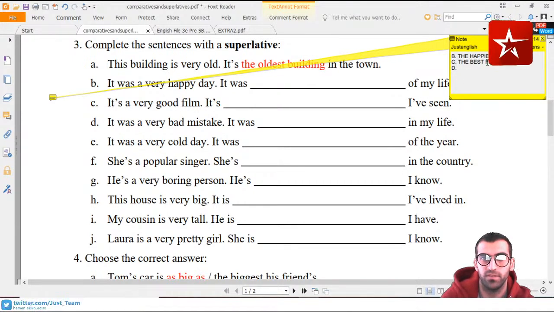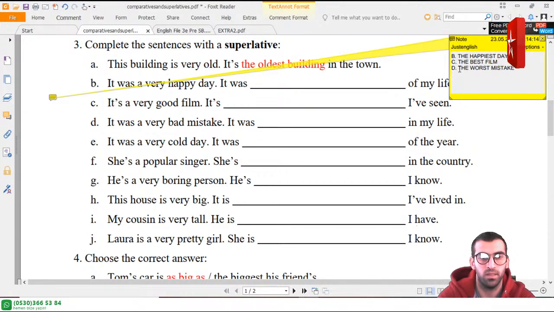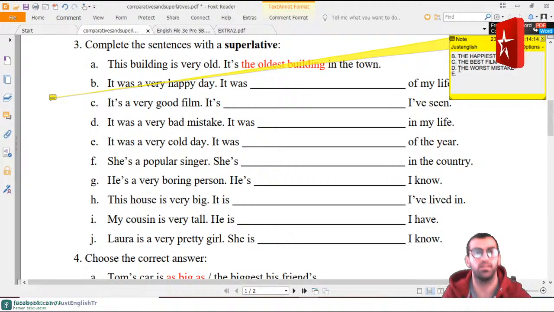I forgot to write film here. Yes, the worst mistake in my life. That's the correct answer for D. It was the worst mistake in my life.